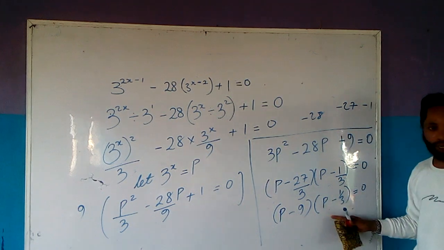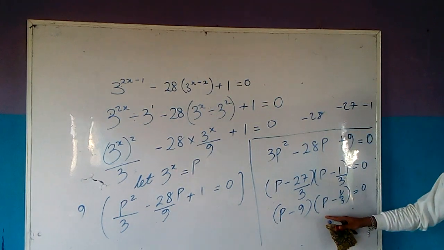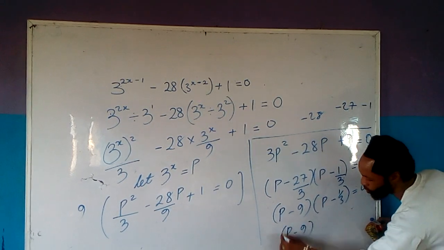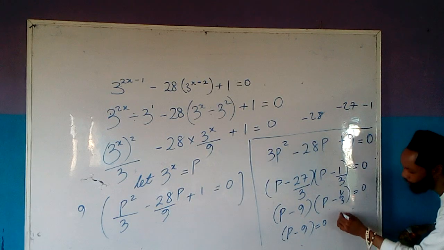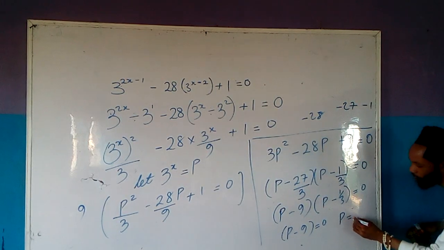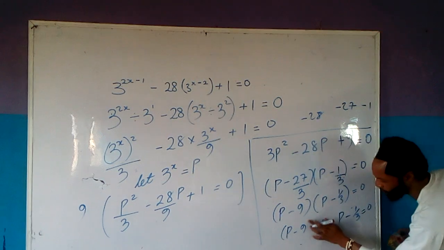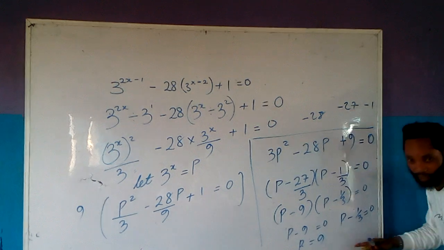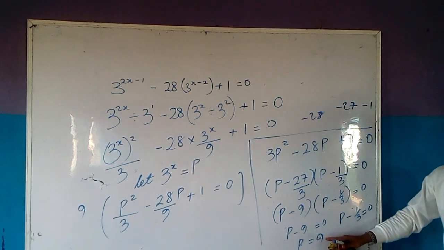Yes, can you see it from there? If you set each of them equal to 0, P will be equal to 9. Is it clear from there? Yes, P will be equal to 9.